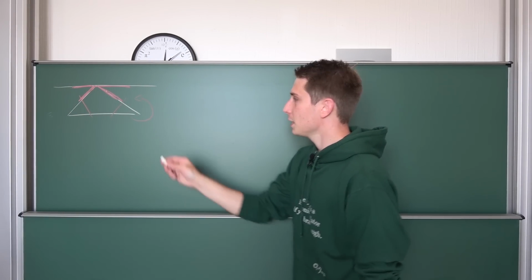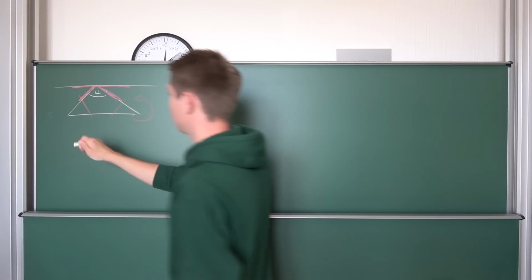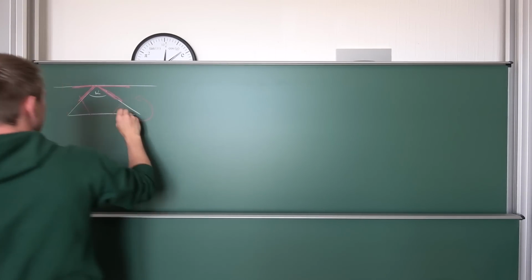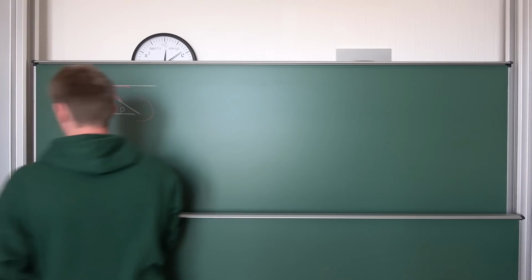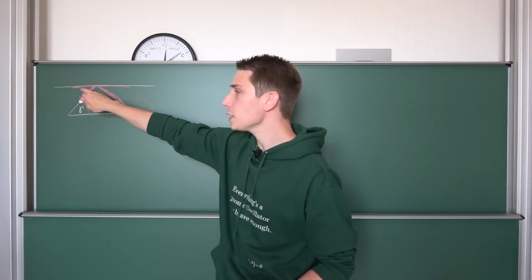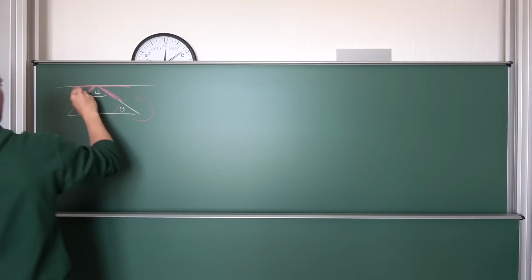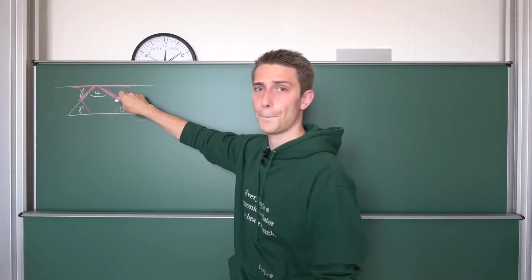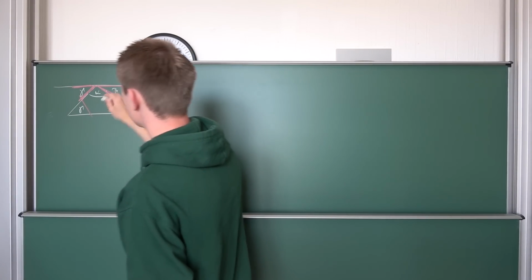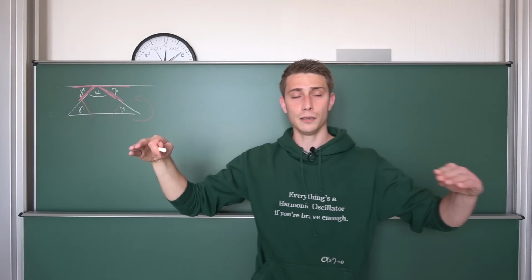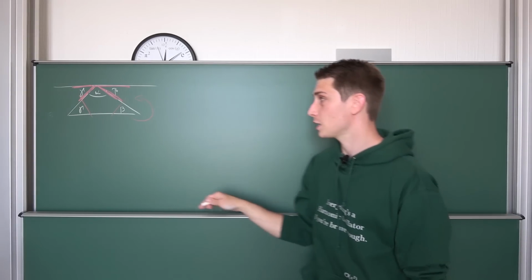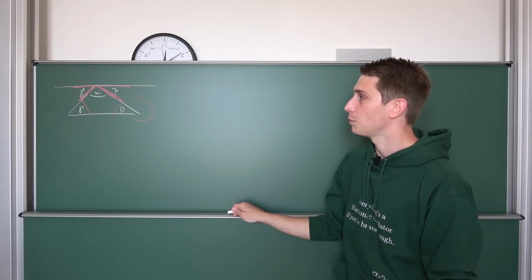Meaning overall, if this was our angle alpha, and this was our angle beta and gamma and so on, by cutting it up and putting it up here, this is gamma yet again, and this up here is our beta yet again. And I have to take for granted that a straight line has pi radians basically, an angle of pi.